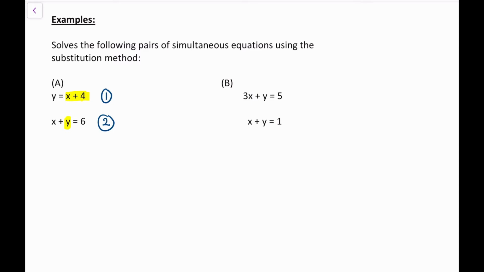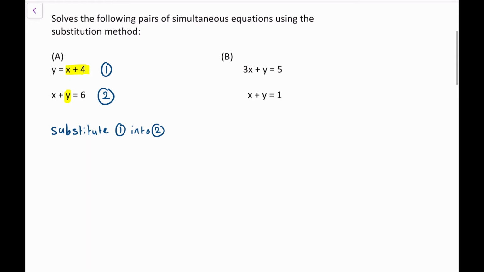So here I'm going to write sub, or you could write substitute, equation 1 into 2. It's very important that you write that line, because we need to be able to follow your thinking, and also you'll need to go back and check that you actually have good lines of logic.